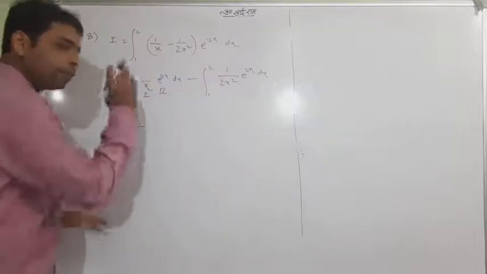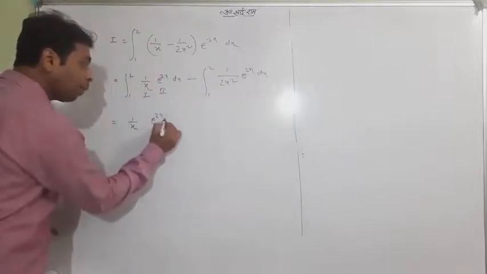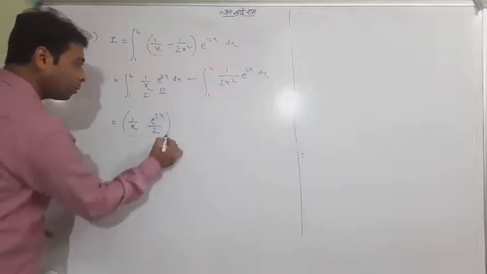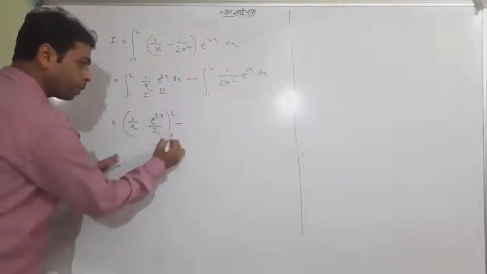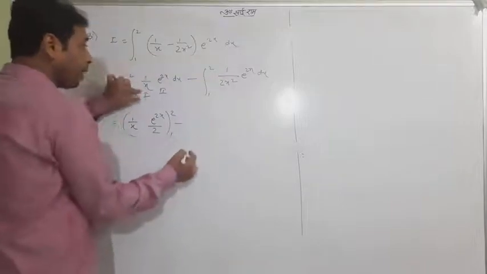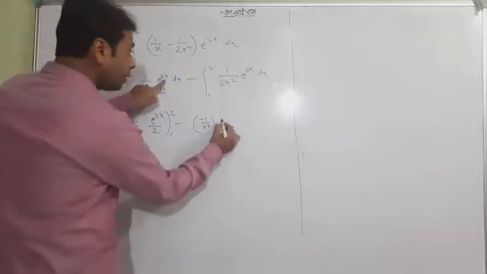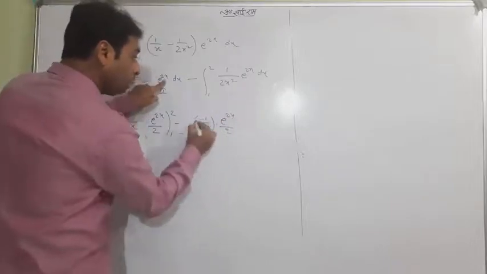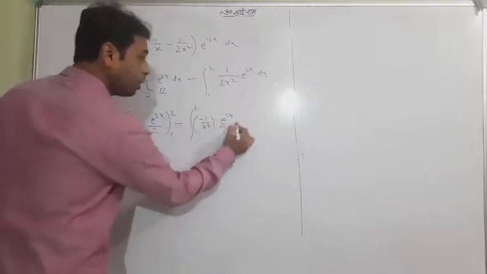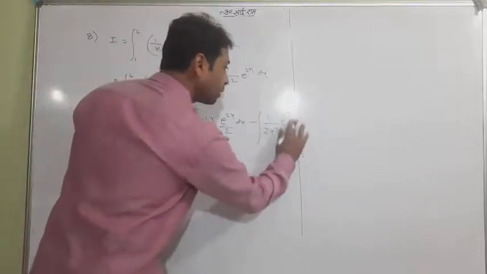First function as it is, integration of second is e to the power 2x upon 2, and use a limit, because you have done the first part. Now minus differentiation of first, which is minus 1 by x square, times integration of second, e to the power 2x upon 2, but it is yet to integrate, so use the integration sign, and here it is 1 by 2x square e to the power 2x dx.